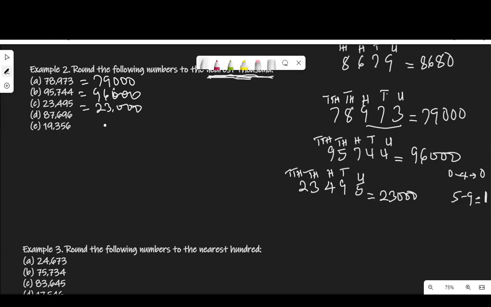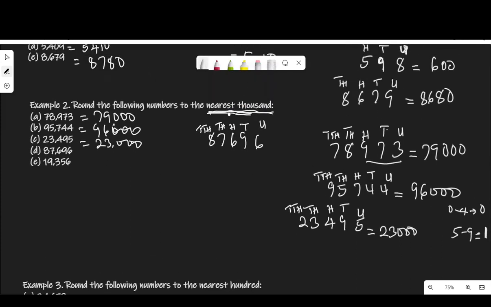And the next one is 87,696. Let's indicate their place value: unit, tens, 100, 1,000, and 10,000. Since we are rounding to the nearest thousand, we look for the digit that is in thousand position, which is 7 in this case.